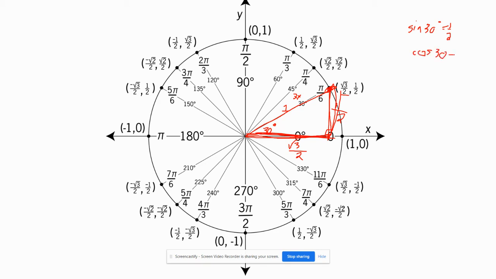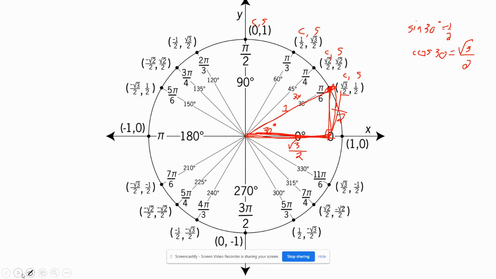So we know going around this circle that all of these points are always going to be the cosine and the sine. So this would be the cosine of 45. This would be the sine. This would be the cosine of 60. This would be the sine. This would be the cosine of 90. This would be the sine, and so on and so forth. So all these coordinates are giving you the sine and the cosine.